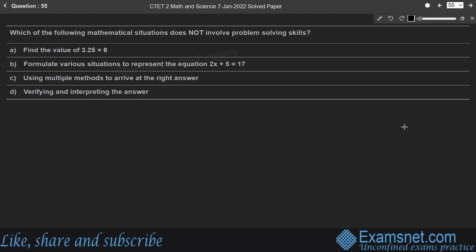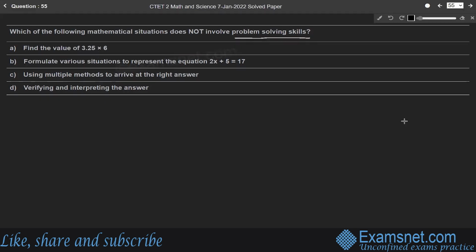Question 55. Which of the following mathematical situations does not involve problem solving skills? So here, problem solving skills are very important in mathematics. The ability to think creatively, critically, and logically.